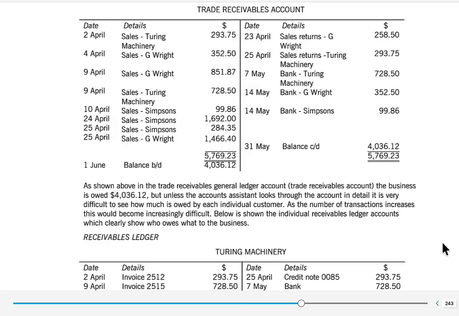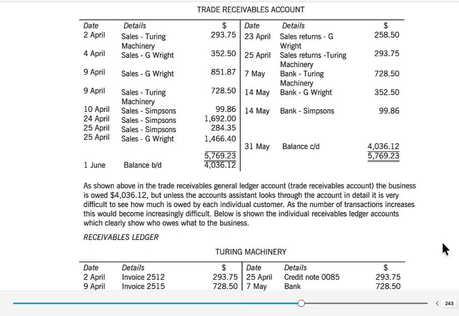These entries increase trade receivables because customers owe more. On the credit side, two types of items appear. 1. Sales returns, meaning credit notes, which reduce what customers owe. 2. Bank receipts, meaning payments received, which also reduce what customers owe.